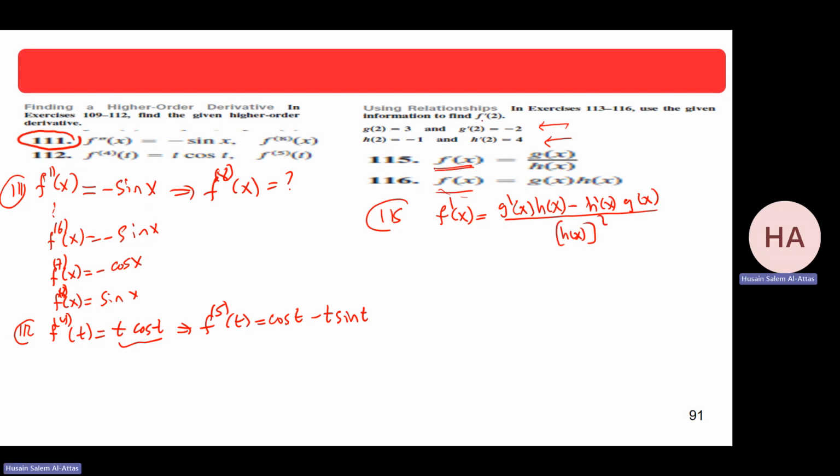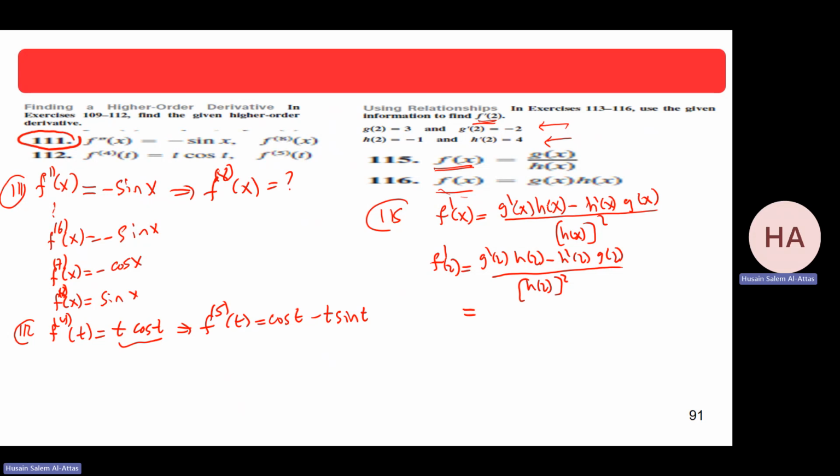So what does he want? He wants f prime at 2. So f prime at 2 will be g prime at 2, h at 2, minus h prime at 2, g at 2, over h at 2 squared. Then I use the information. What will be g prime at 2?